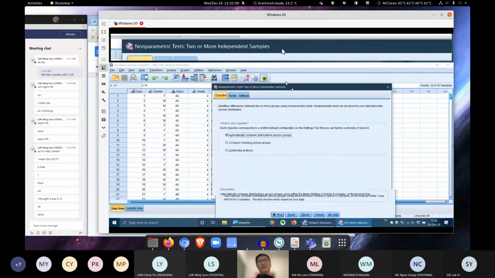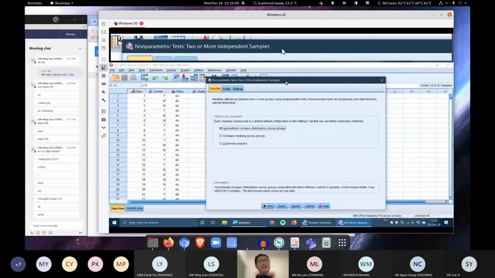Now, go to this dialog and you see this dialog does not look similar to what we have gone through in the t-test and the ANOVA. The design overall is not the same. And I can tell you the reason. The reason is that this part of SPSS is relatively new.